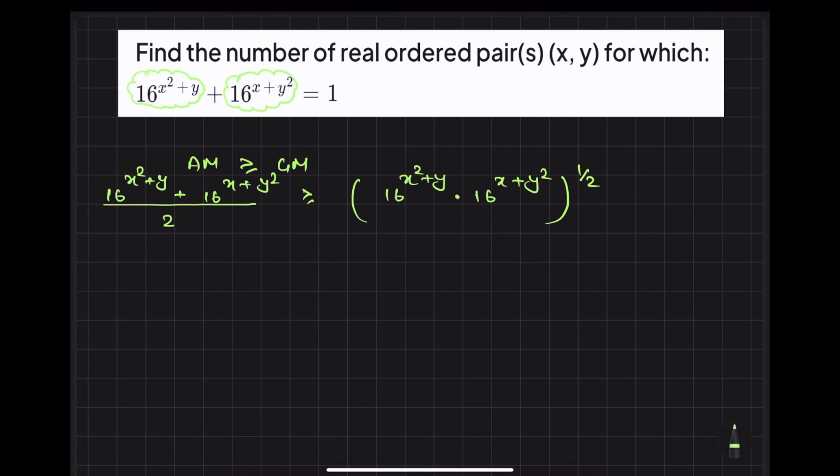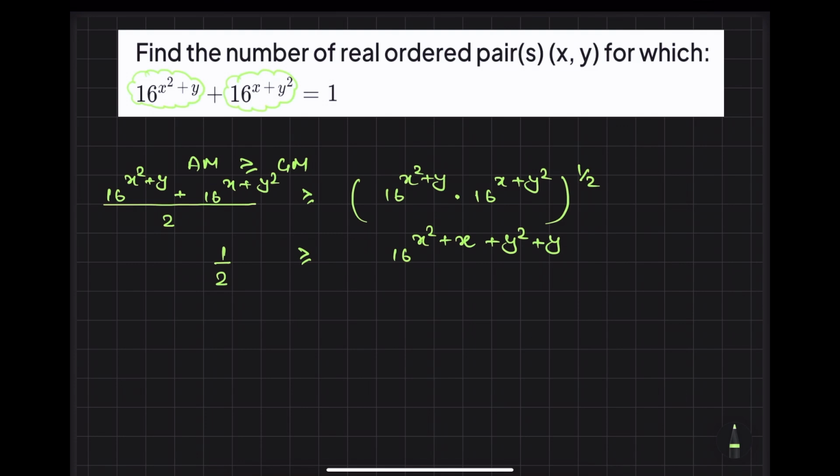There are two elements, that's why the power is 1 by 2. Now you know that the value of this entity that they have given is 1. So can I write this as 1 by 2 greater than or equal to, the base is same, so powers will be added. If you add the powers, you will have 16 power x square plus x plus y square plus y, and power is 1 by 2.